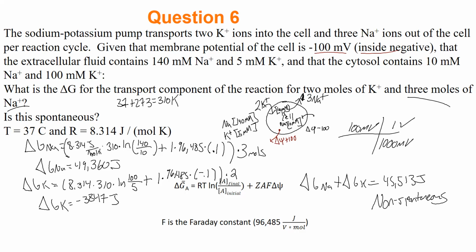So the final concentration is intracellular, the cytosol. They're going opposite ways. So what's final in one direction is the initial in the other direction. It all depends on which way they're going on what's the numerator and what's the denominator. That's why I have final and initial, final location divided by initial location.